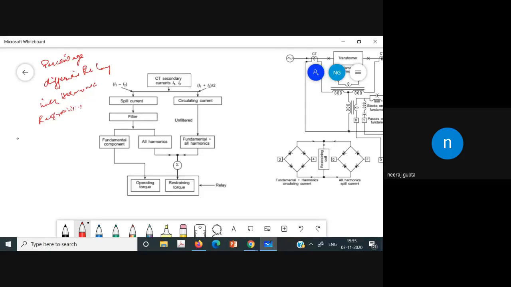Now we have seen that the normal percentage differential relay can maloperate due to the magnetizing inrush. One way to combat this problem is to desensitize the relay for a very small period of time just after switching on, and then after that we can switch it on.